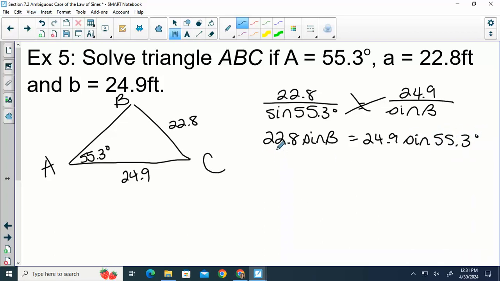And then we have to divide by the 22.8. We'll plug this in, make sure we are in degree mode.